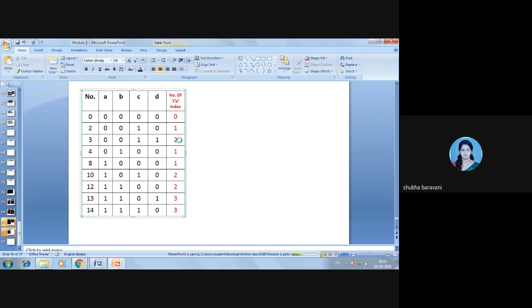Check this table, step 1. All of you check your step 1. Tally your step 1 with mine. Done?